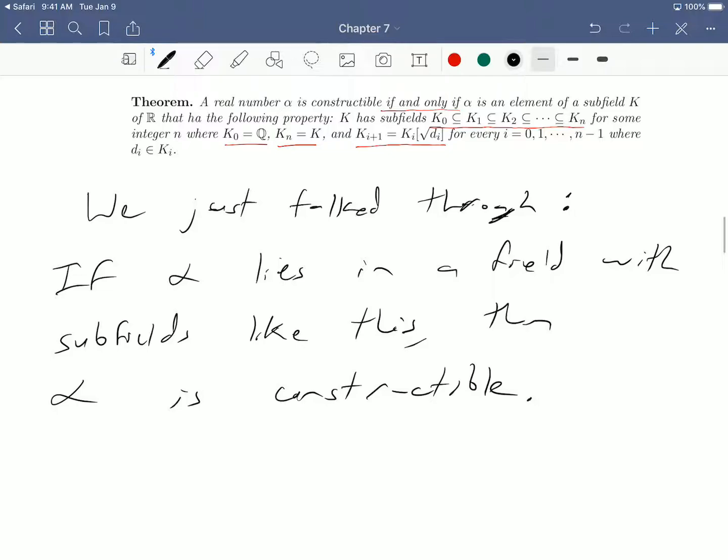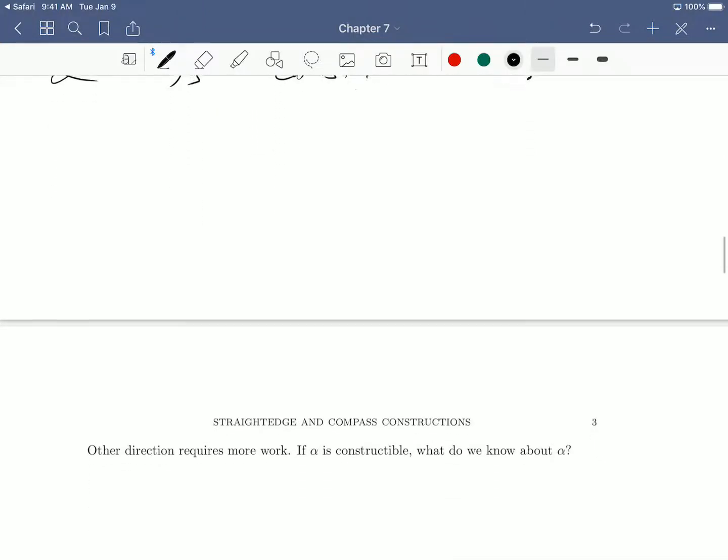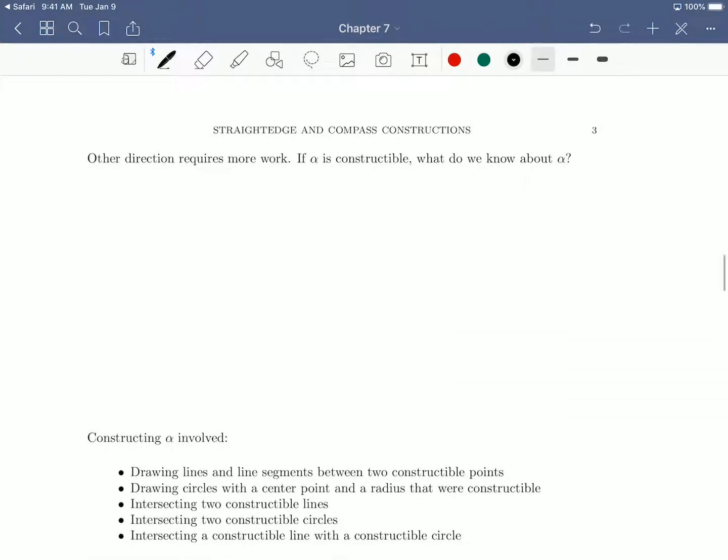The other direction is going to be harder. So our other direction for this is if alpha is constructible, then we want to be able to say it lies in one of these sets of field extensions. But we don't know that right now. So for example, let me rewrite this.